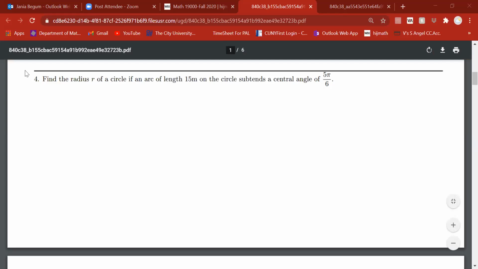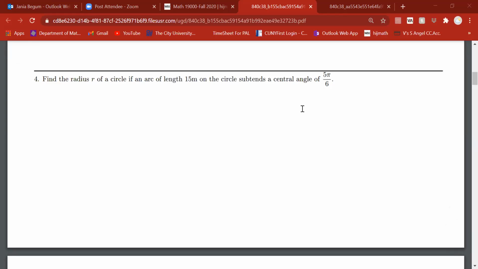Now for the arc length and for the area of a sector, you want to remember those two formulas we derived in class. And I'll show you guys a little trick: how can you remember them without forgetting them? You can always recall those formulas by knowing the area of the entire circle and the circumference of the entire circle.